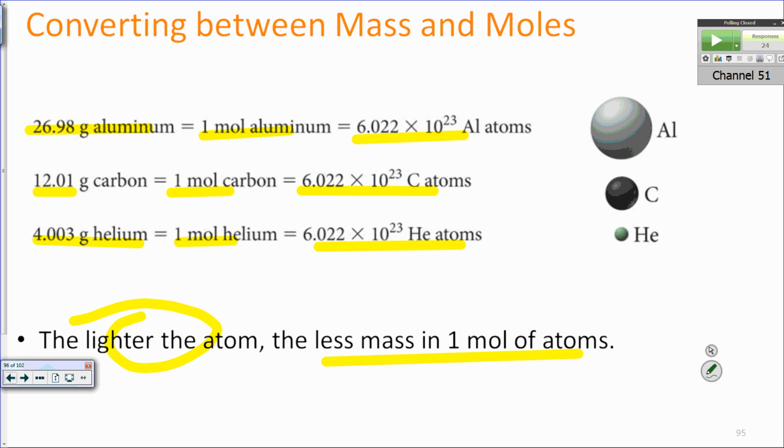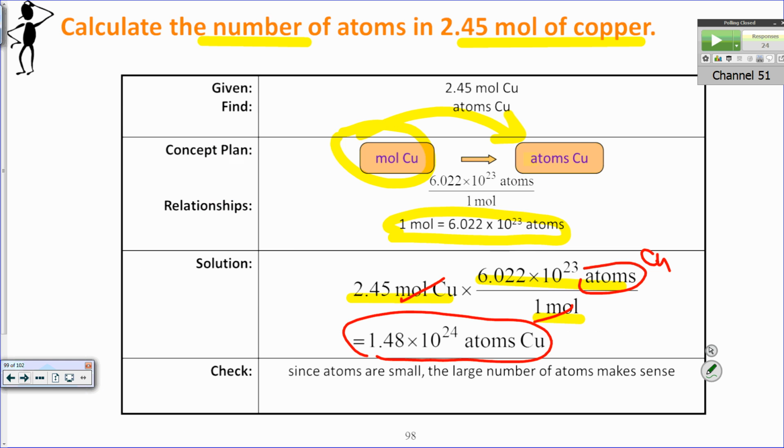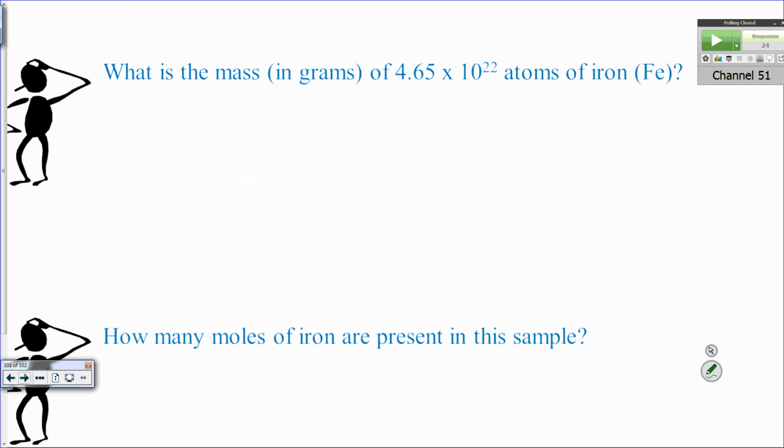When we look at any of these substances, the heavier something is, the more grams it's going to have per mole. So down at the bottom of the page, the lighter an atom, the less mass associated with 1 mole. So if you have equal mass, the lighter something is, the more moles there are. Okay? It's a conceptual thing that we've got to work on mentally.